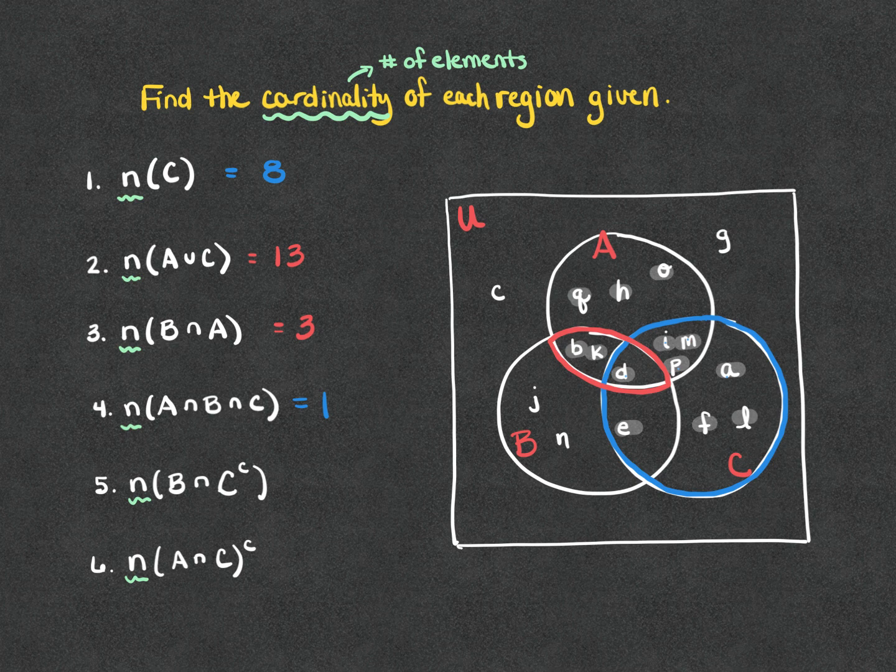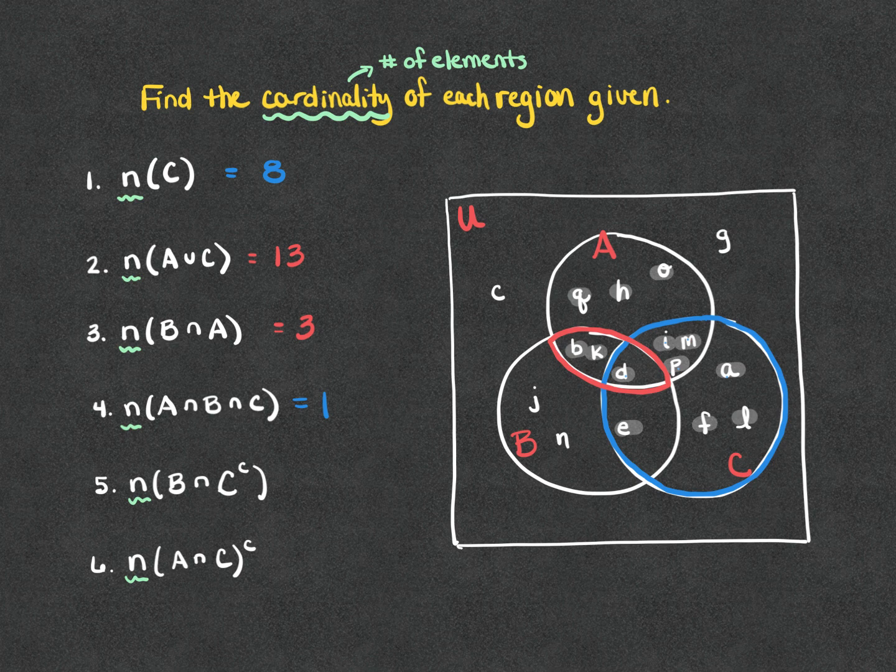For number 5, the cardinality of B intersect C complement. So let's start looking at set C, which is outlined here in blue. C complement is everything outside of this circle. So C complement is everything out here. And then we want to know where B intersects that.